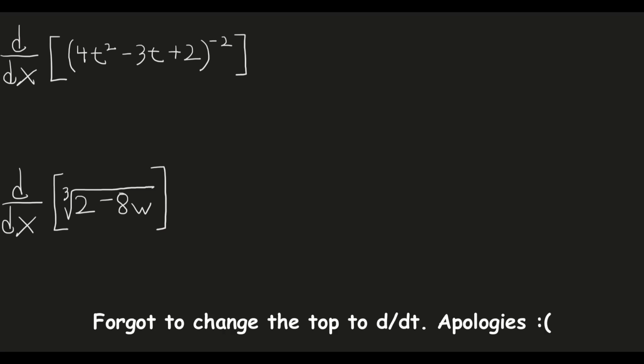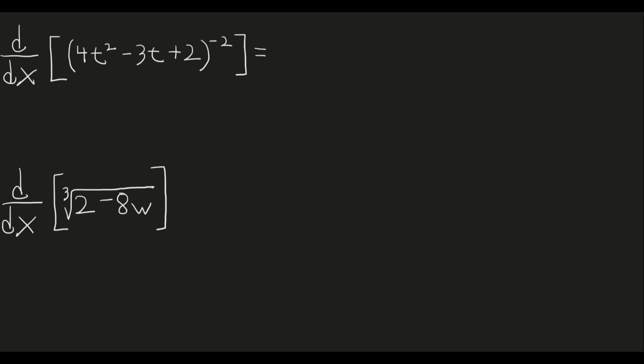Going to the top function, applying power rule, this gets us negative 2 times 4t squared minus 3t plus 2 raised to the negative 3. Taking the derivative of the inside function, that gets us 8t minus 3.